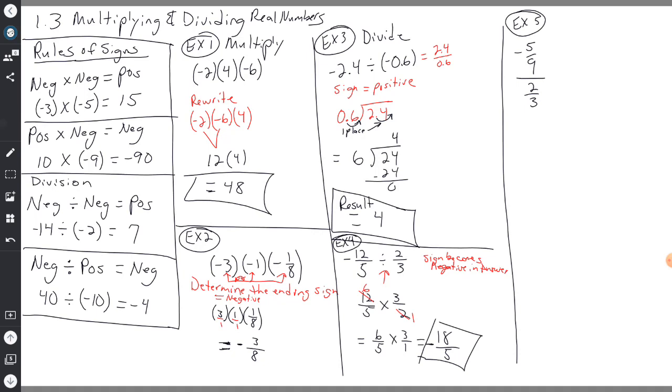We have negative 5 over 9 divided by 2 over 3. First of all, the sign. I heard someone say it will be negative. What would you do with this problem here? Okay, how?